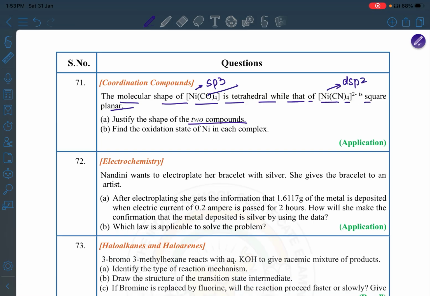CO is a strong field ligand and CN is also a strong field ligand, but here the oxidation state of Ni is 0 and there the oxidation state of Ni is +2. So in the first it is 0 and in the second it is +2.